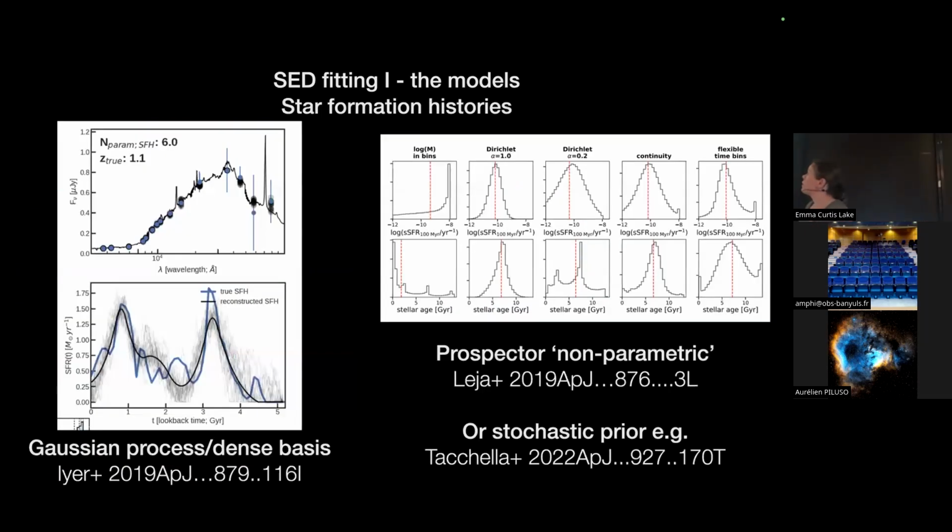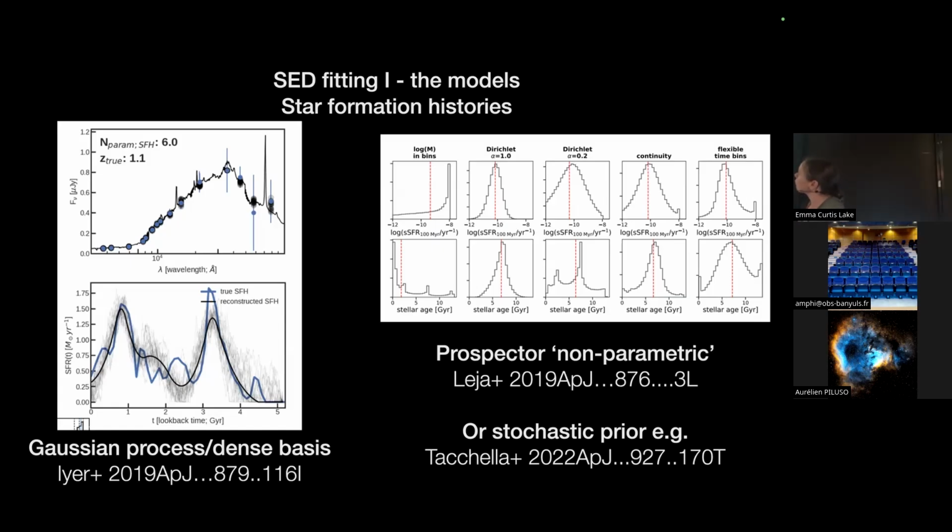Those star formation histories, I said that some of them are very simple. This is a huge area at the moment where people are trying to improve things to make them arbitrarily peaky, or being able to describe more complex scenarios.